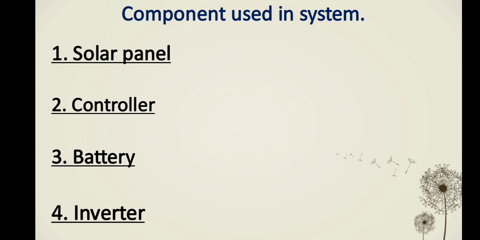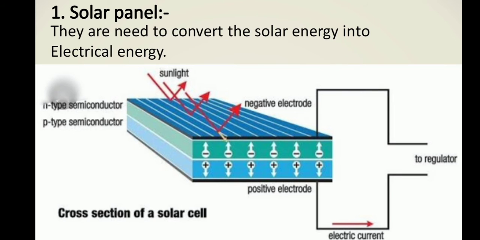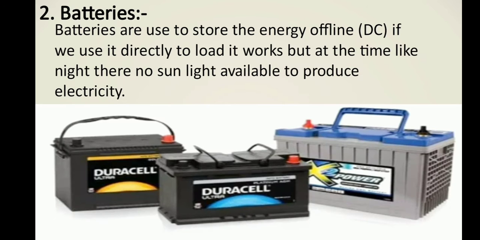Now, the components used in the system. First, solar panel; second, controller; third, battery; and fourth, inverter. First, the solar panel is needed to convert solar energy into electrical energy. Second, batteries. Batteries are used to store energy as DC. If we use it directly on the load, it works, but at times like night, there is no sunlight available to produce electricity.